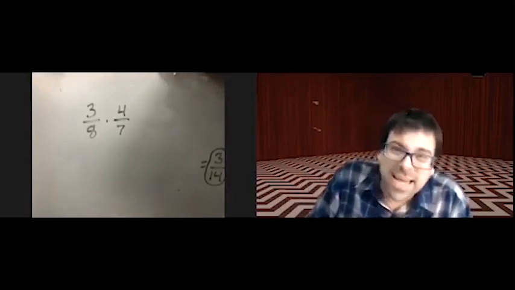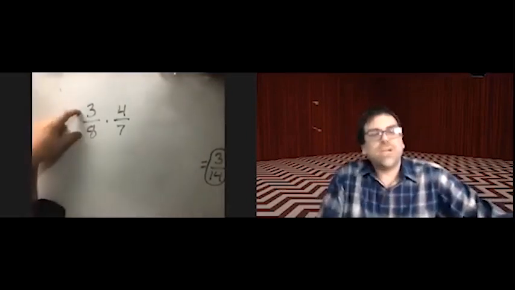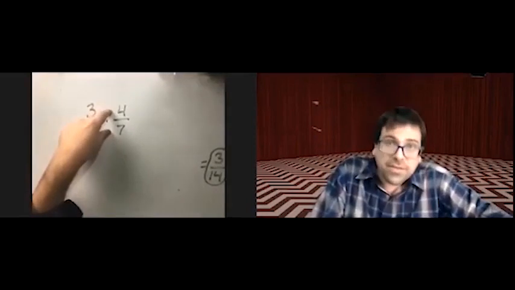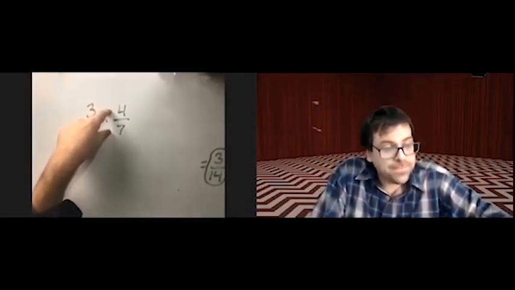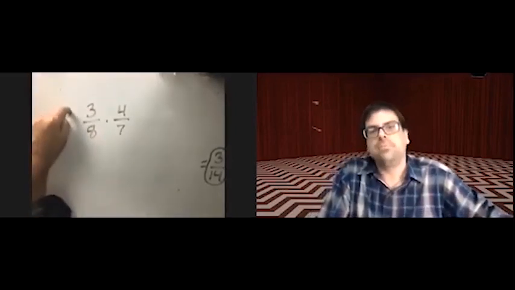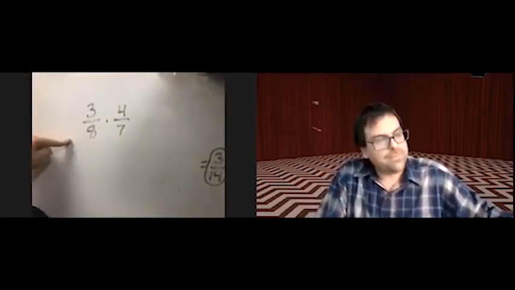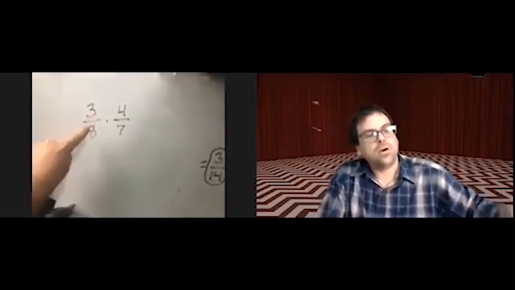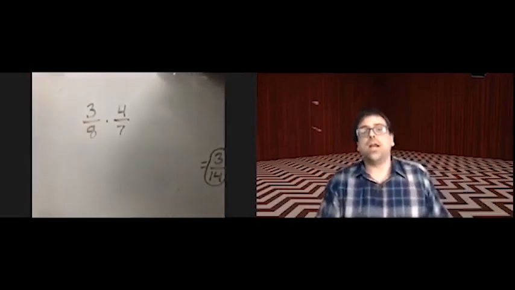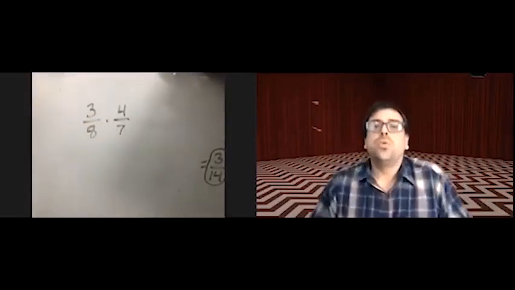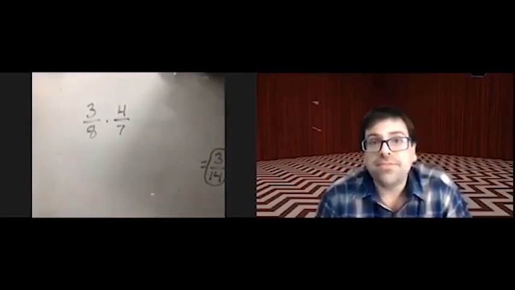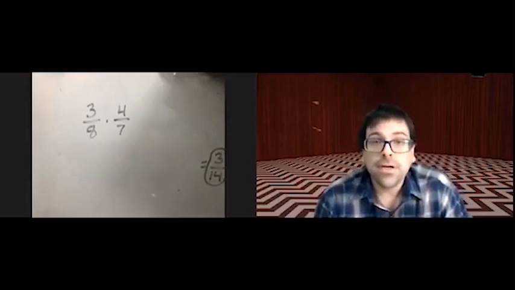How do we know when we can cancel? Well, 3/8 can't be reduced. 4/7 can't be reduced. But we should also look at anything from the top with anything from the bottom. And 4 over 8, that would be able to be reduced. 4/8 is 1/2. So what we're going to do is look for numbers on the top and on the bottom that both can be divided by the same number, and then we do it.